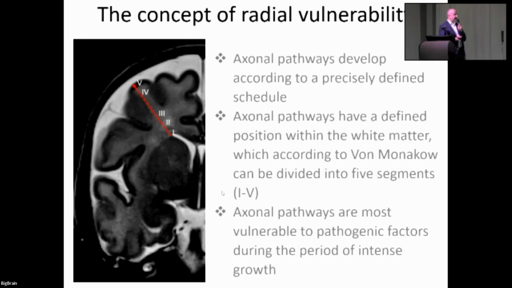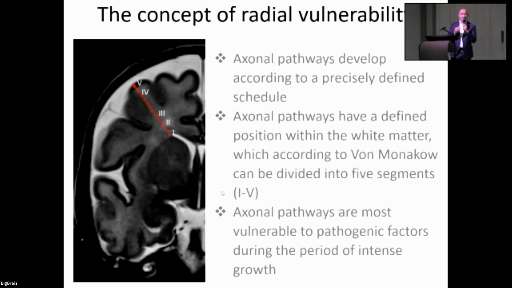Another thing is that during brain development, there is a precise timetable of growth of different classes of axonal pathways. And there is also very precise spatial organization and position of all these axonal pathways. The crucial thing is that these axonal pathways are most vulnerable to pathogenic factors during the period of most intensive growth.